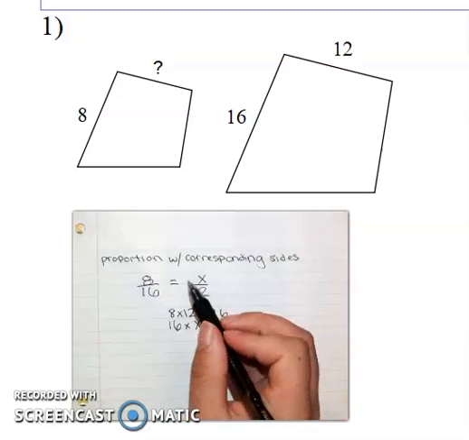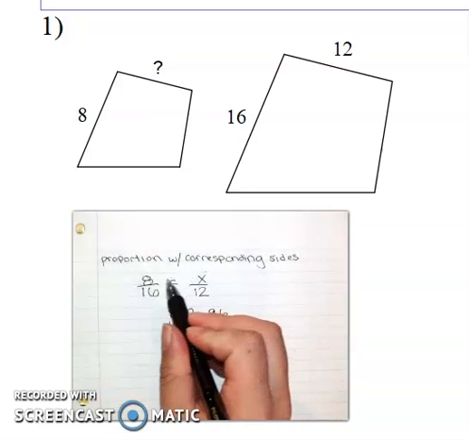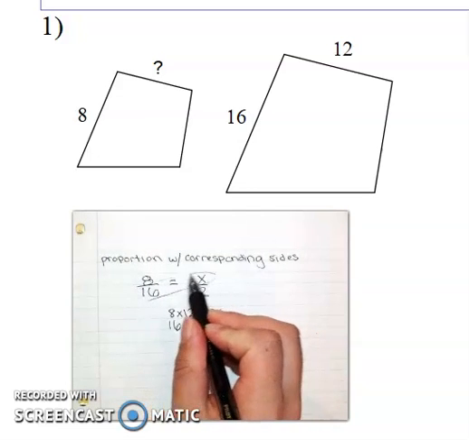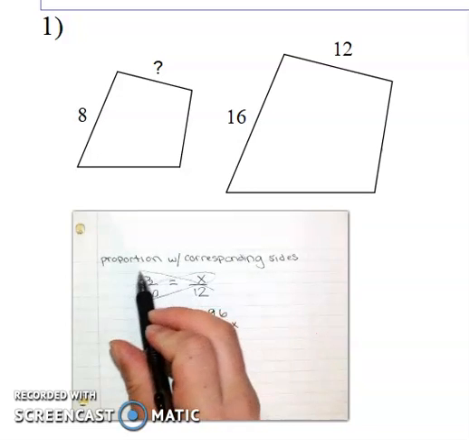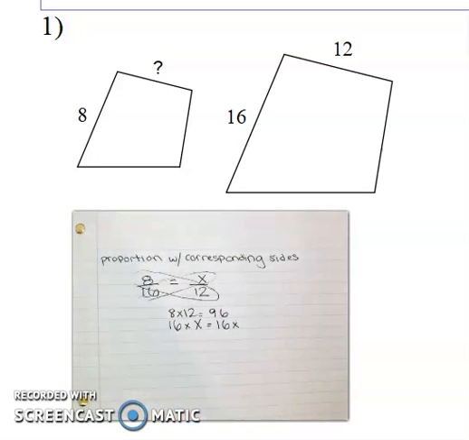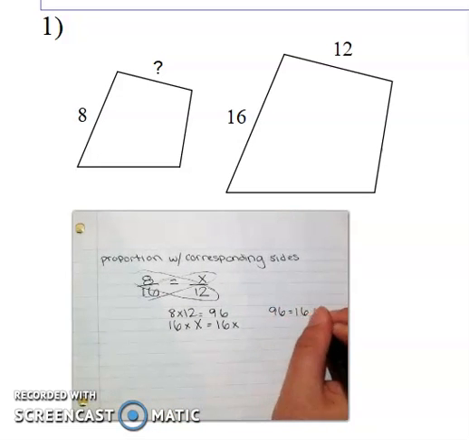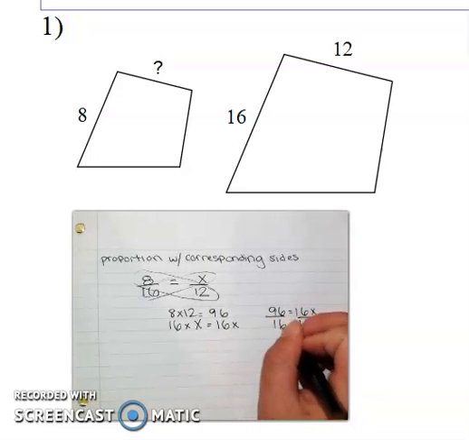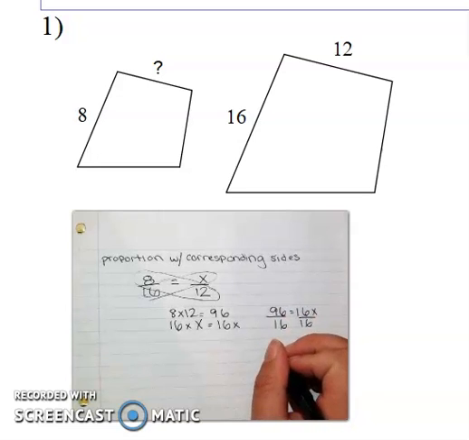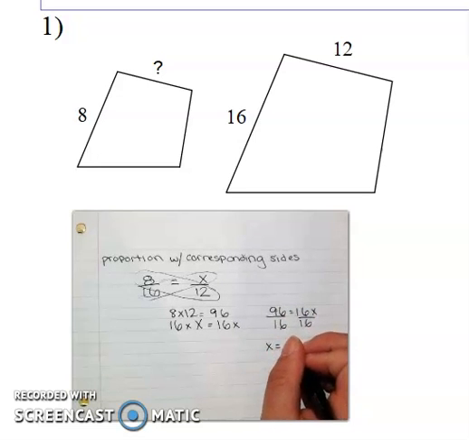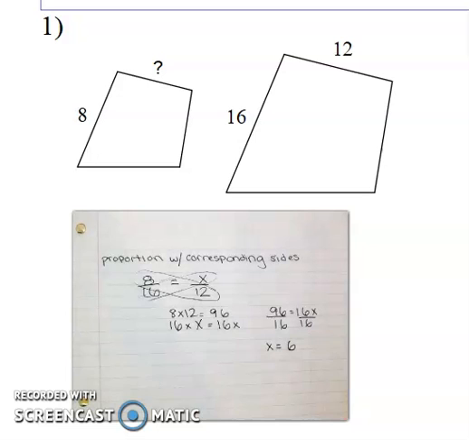So butterfly method, the reason we call it that is if I cross multiply, okay, makes it look like a mathematical butterfly. So I'm going to say 96 equals 16x, and I'm going to divide on both sides, and I'm going to say x equals 6.